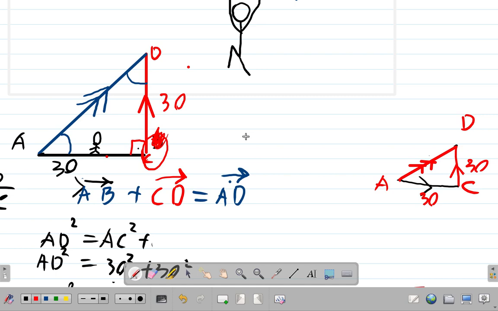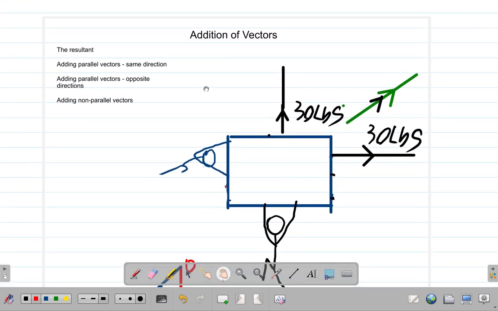So remember now, the resultant is what you get when you add two vectors. When you add vectors that are parallel, you add them to each other if they're pointing in the same direction. One should be subtracted from the other if they're pointing in opposite direction.